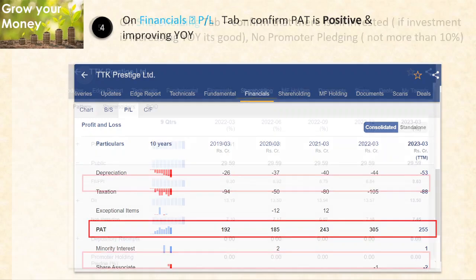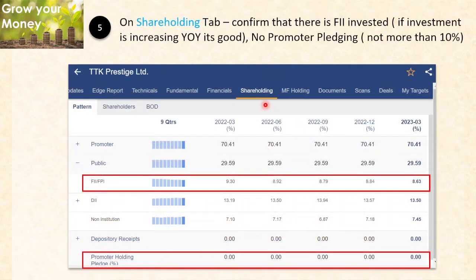And then we look at the shareholding pattern, whether the shares are held by the FII, that is foreign institutional investments, and also we need to look at the promoter holding pledge percentage. Sometimes if the company wants some additional cash, they will pledge some of their shares and then they will get the money from the bank or somewhere else.